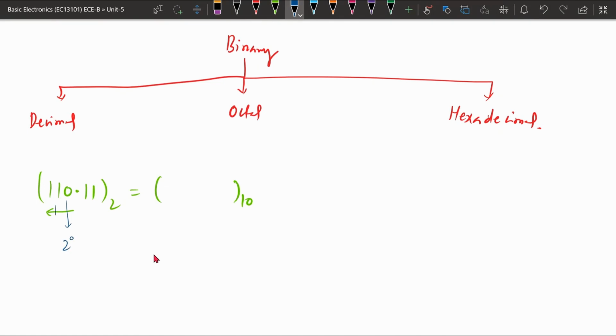The next has a weight of 2 to the power 1. Whatever the base is, if it is octal, it will be 8 to the power 0, 8 to the power 1, like that. For binary, it will be 2 to the power 0, 2 to the power 1, and this will have a weight of 2 to the power 2. So it goes on the positive side.